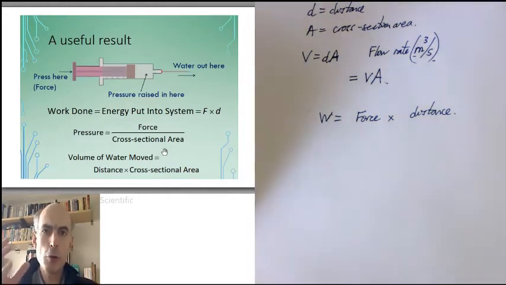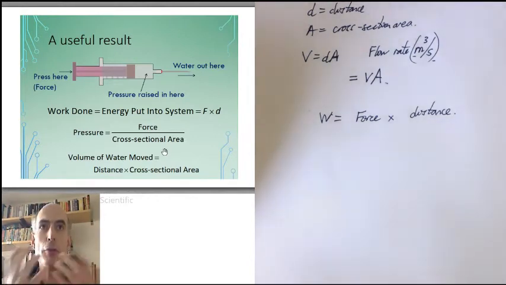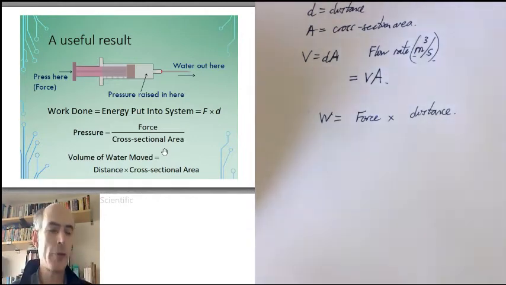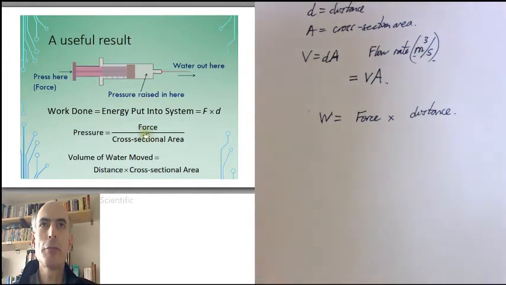Now, for a fluid, the force being exerted on the fluid is the pressure times the area. That comes directly from the definition of pressure. If pressure is force over area, then force must be pressure times area.